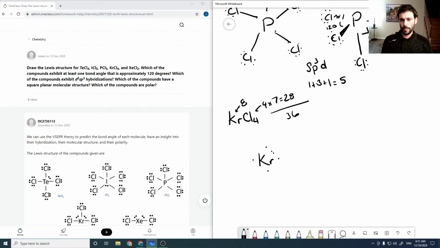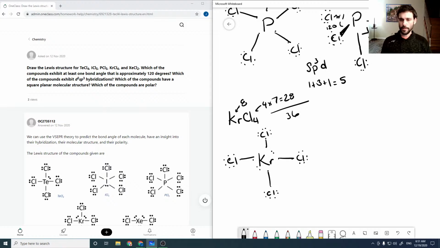And then might as well plunk in the lone pairs, just like that. Okay, and then bond them. Okay, that looks good. So we've got 8, 16, 24, 32, and 4 is 36, so that looks good.